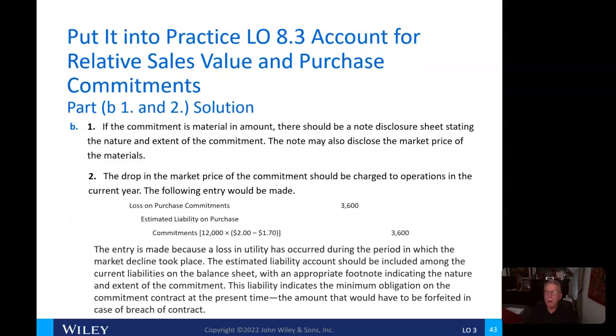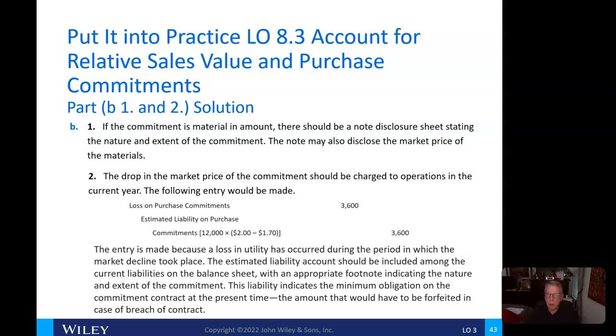Okay, so for Bravo 1, if the commitment is material in amount, there should be a note disclosure stating the nature and extent of the commitment. The note may also disclose the market price of the materials. For number 2, the drop in market price of the commitment should be charged to operations in the current year.